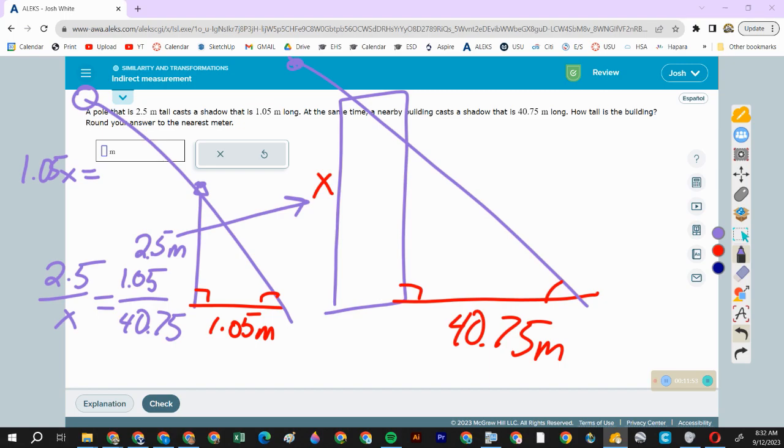So 2.5 times 40.75, 101.875. Now we divide. So divided by 1.05 gives us 97.02, but it wants us to round to the nearest meter. So the building is 97 meters tall.